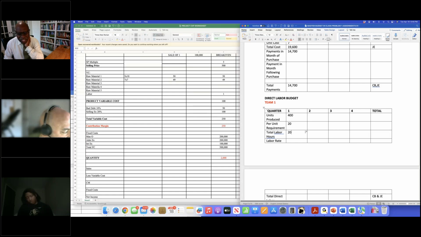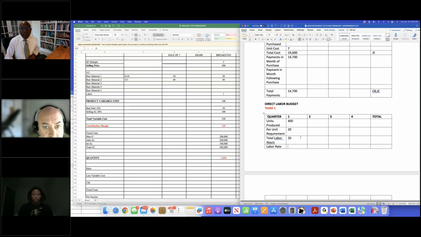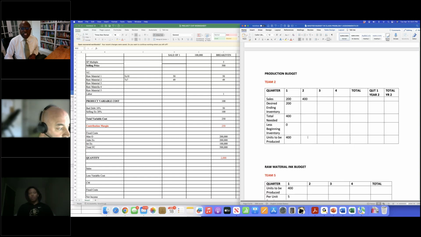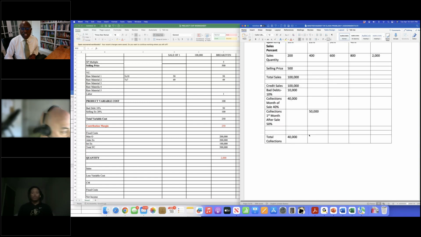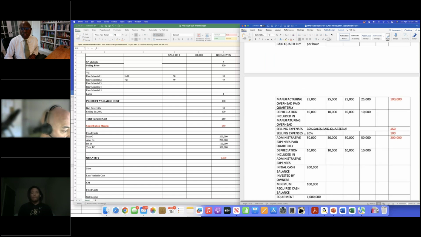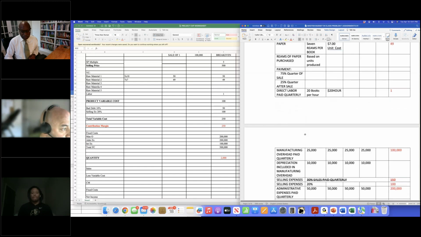And what's our labor rate? How much were we paying per hour? Let me go ahead and find it. Labor rate: $20 an hour.